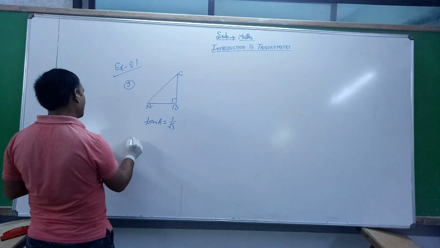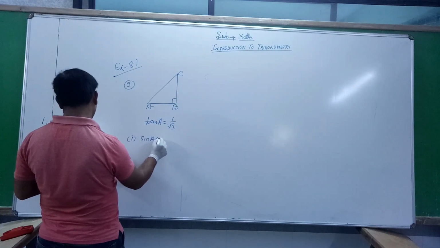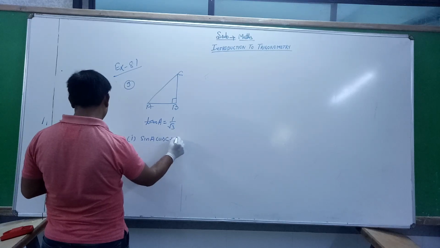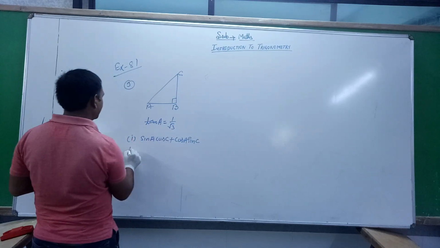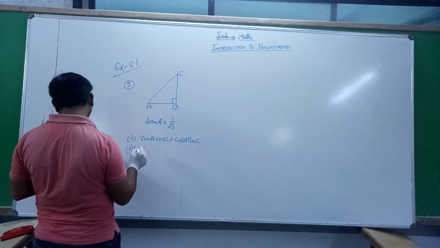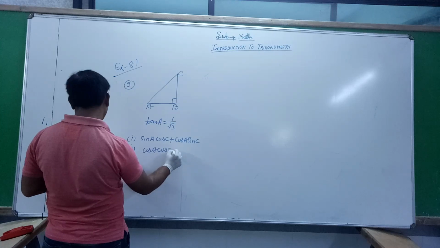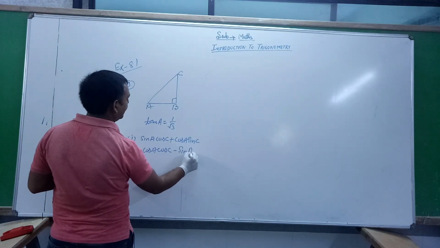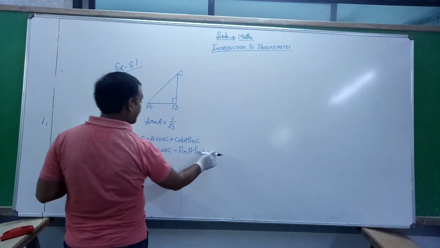Then you find the value of, first, sin A cos C plus cos A sin C. And second, cos A cos C minus sin A sin C. These are also formulas.